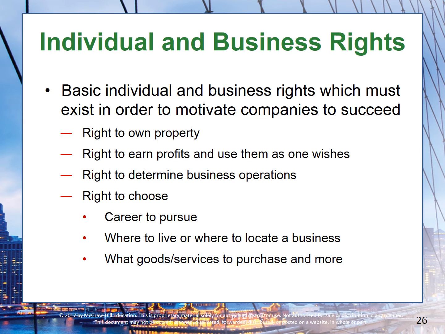In the United States, we have every one of these. Can you imagine living in a country where you could not buy a house or you could not buy your own business, or if you made profits somebody told you what you had to do with the money, or told you exactly how and when you're going to operate your business? So by living in the United States, if you are a United States citizen, you have these rights, and these are rights that you should cherish and protect.